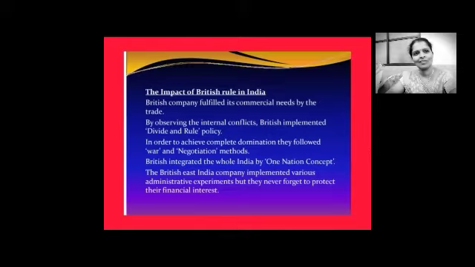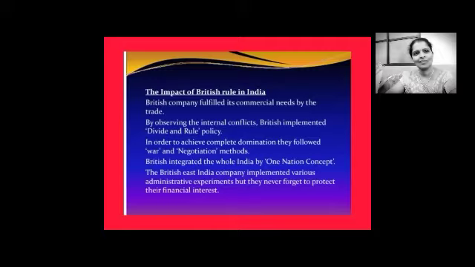British company fulfilled its commercial needs by the trade. By observing the internal conflicts, British implemented divide and rule policy. In order to achieve complete domination, they followed war and negotiations methods.